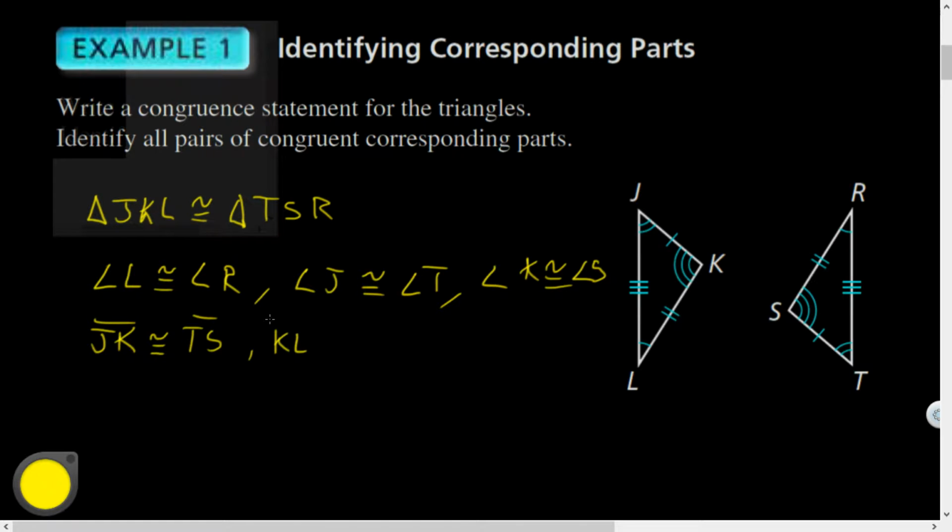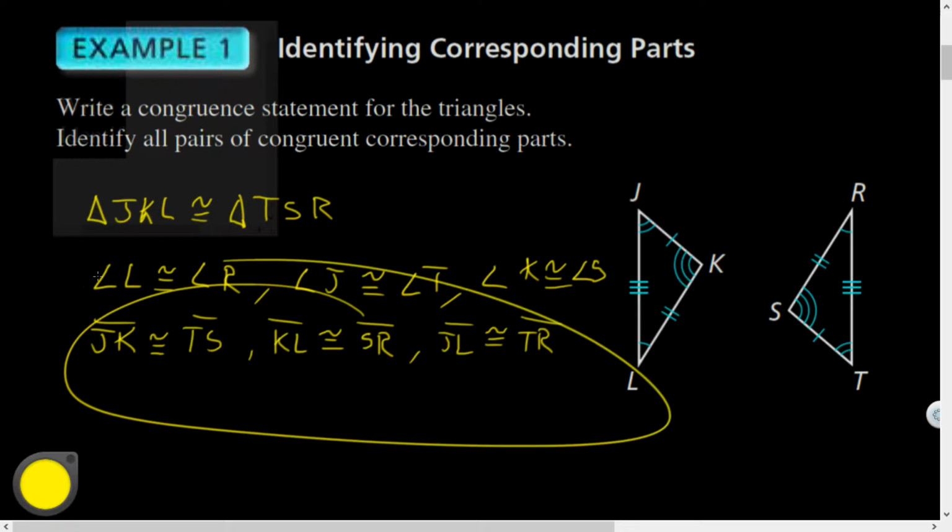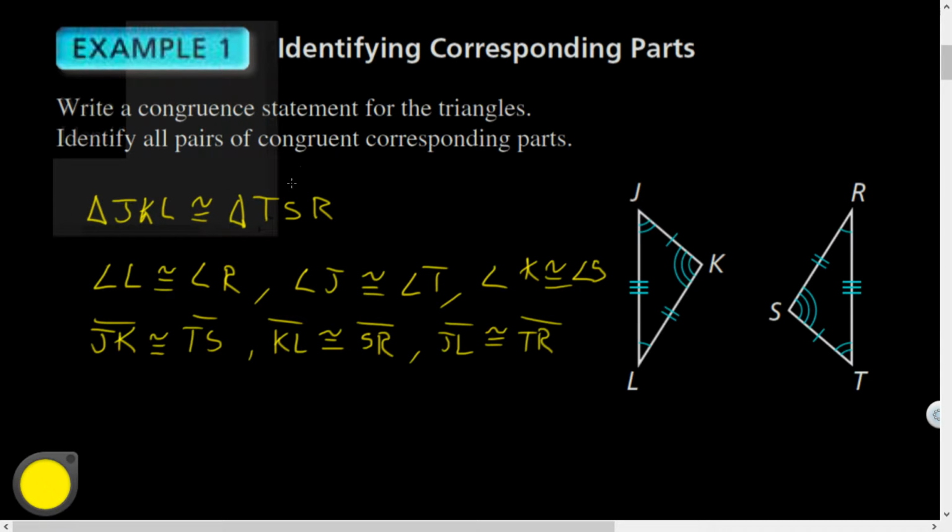KL is going to be congruent to SR. And lastly, JL, the segment that combines the first and the last, will be congruent to TR. And I just did all of those based off of the name in the congruence statement for those 2 triangles.